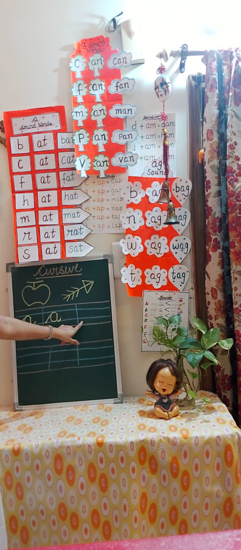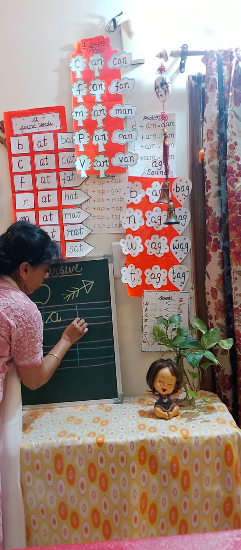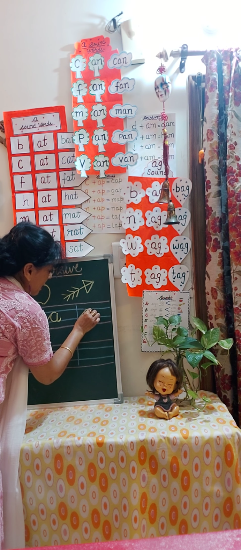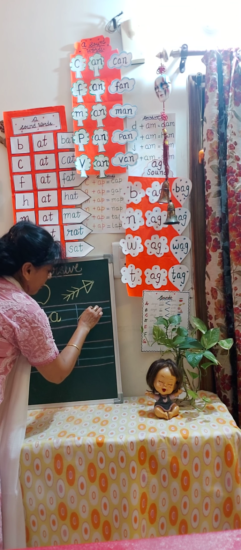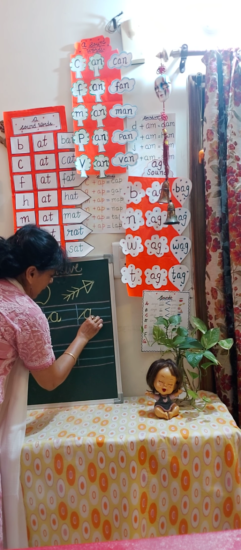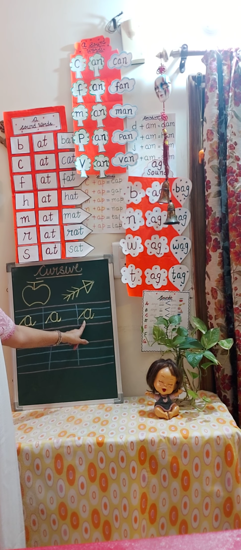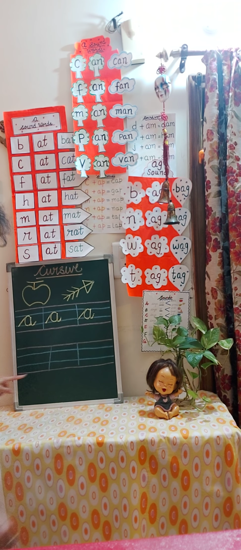So let us again do the same way. Starting from the corner, slant up. Just make C. Straight up with the same line, down and a small tick. See how beautiful is A. So this is the small A in cursive pattern.